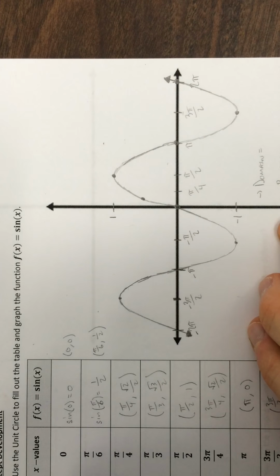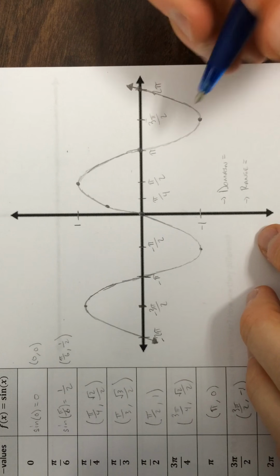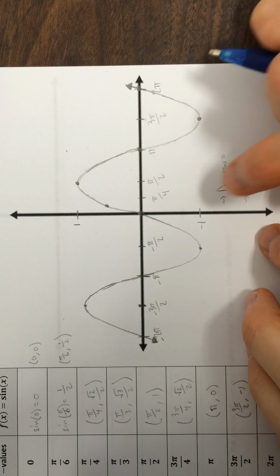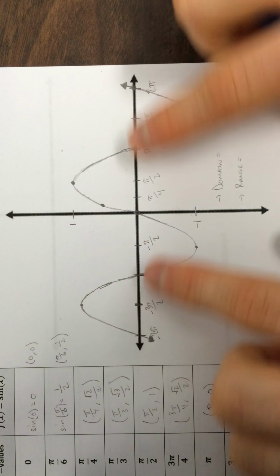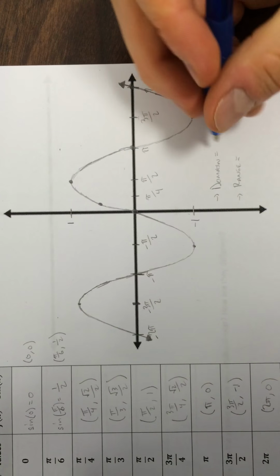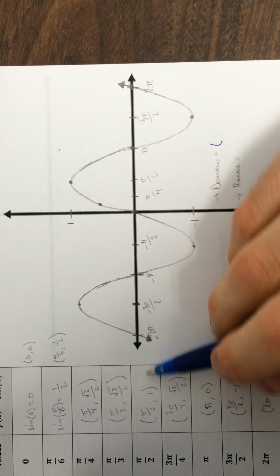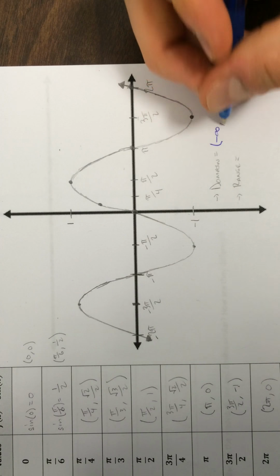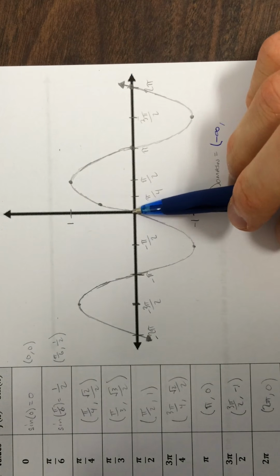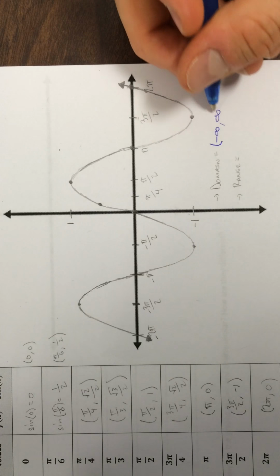In fact, let me write this in blue ink for the rest of the time. Our domain and range. Since it goes forever in both directions on the x-axis, forever in the negative direction we call negative infinity, and forever in the positive direction we use positive infinity.